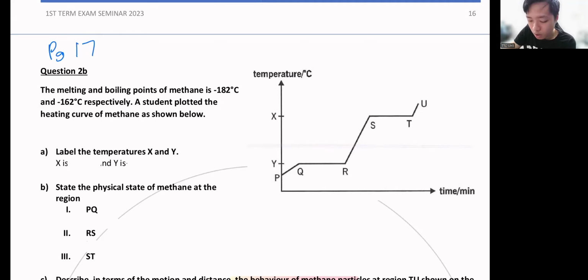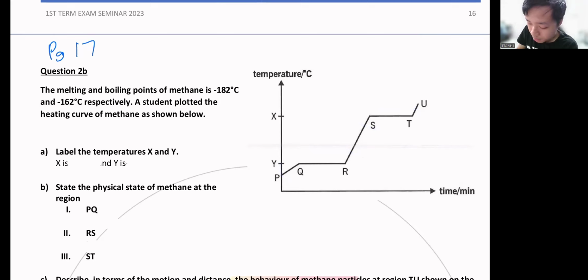Label the temperatures X and Y. Now we have to identify which one is the melting point and boiling point. Notice this one, the constant temperature, the temperature that has no changes during the specific time.